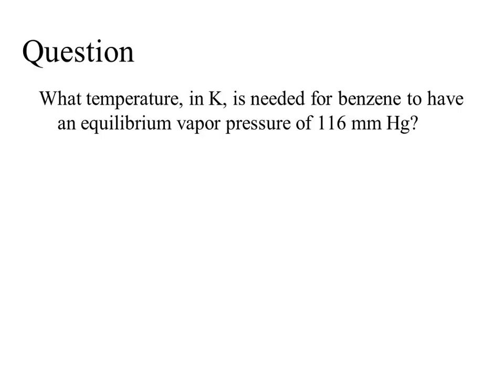Right away, you run into the situation where pressure here is 116 millimeters of mercury, but on our plot we have the natural log of pressure. That's fine. The first thing we're going to do is take the natural log of 116.